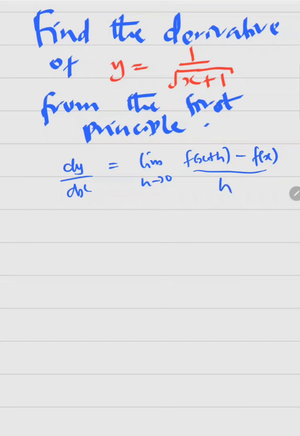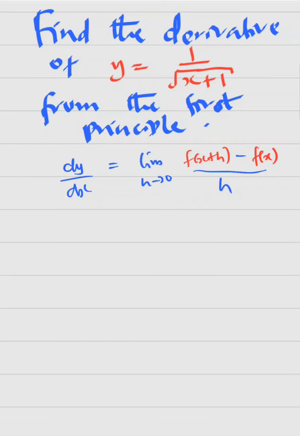In essence, you have to find the values of the terms f of x plus h and f of x. Then after finding the values of those terms, you just simplify the expression under the limit and cancel out the common factors wherever possible. Then you can just evaluate the resulting expression.